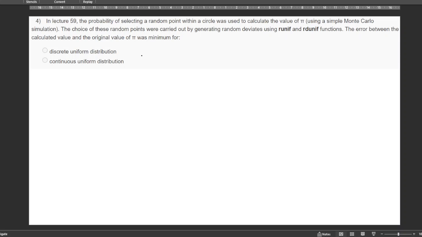Generally the error is minimum in the case of continuous uniform distribution because it is averaging out a huge bunch of data. But discrete is a discrete set of values, so the possibility for error is a little higher in the case of discrete and less in the case of continuous uniform distribution.